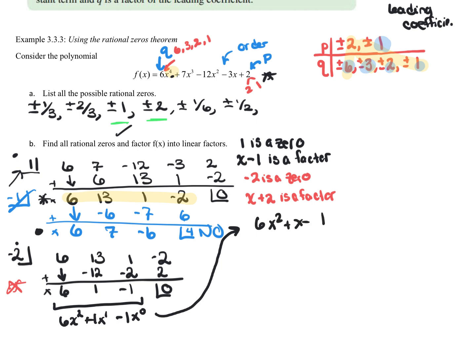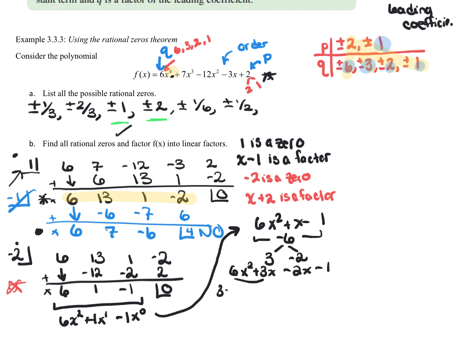And we factored this a couple seconds ago, but let's factor again for good practice. So 6 times -1 is -6. If we get to a quadratic, we can always factor a quadratic. -6 that adds up to +1 is a 3 and -2. So I have 6x squared plus 3x minus 2x minus 1.